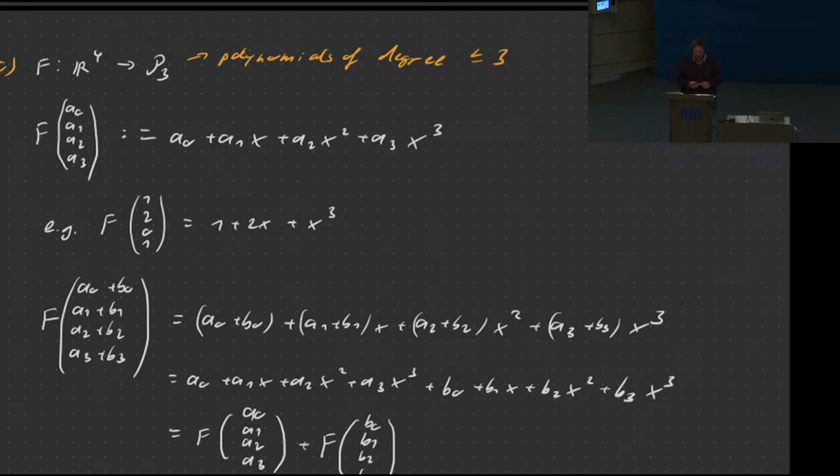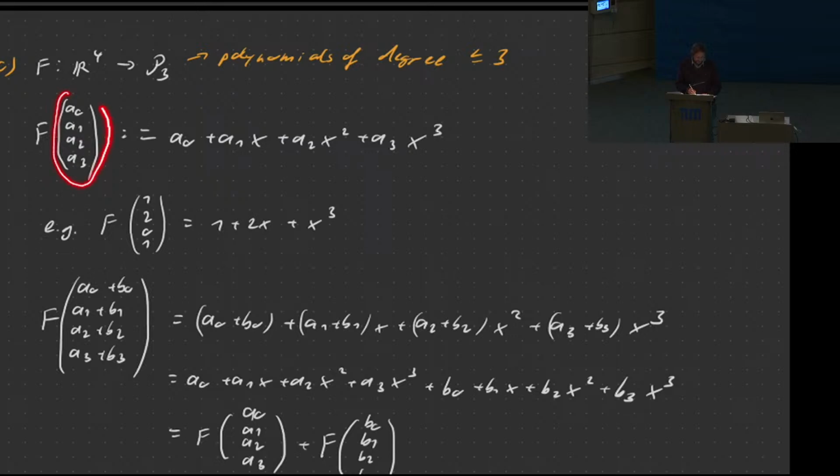All right, so here is a more abstract example. In this case, we have a mapping from R to the 4 to P3, and P3 is the space of all polynomials of degree at most 3. So of all expressions that look like this, with the A0 to A3 from the reals. And well, that function is defined in just that way.